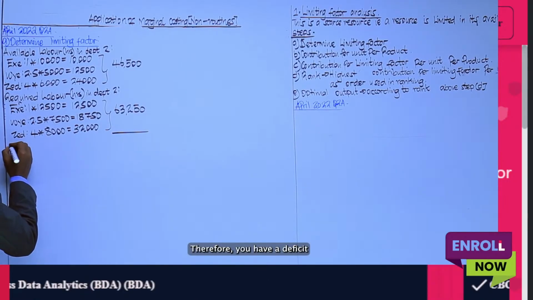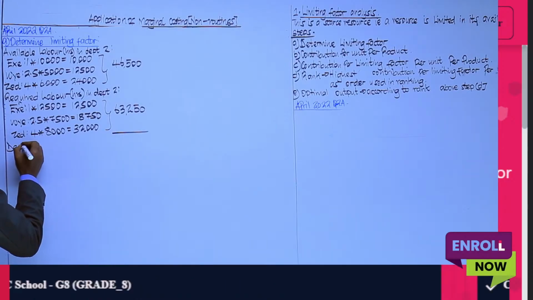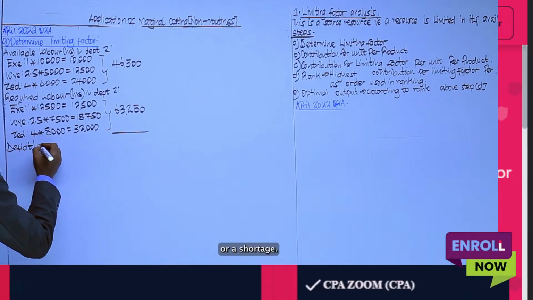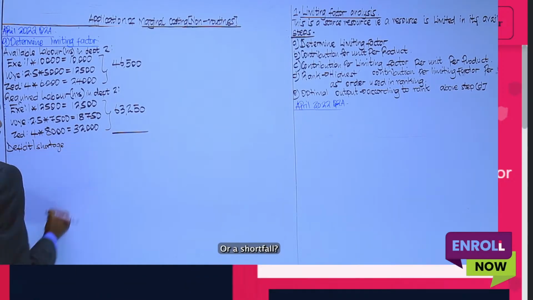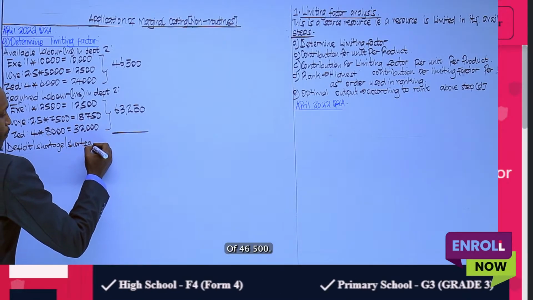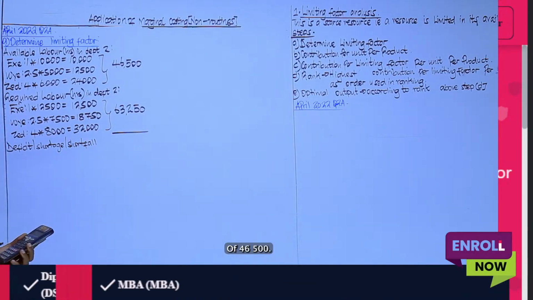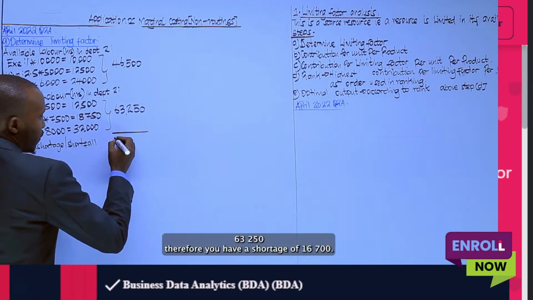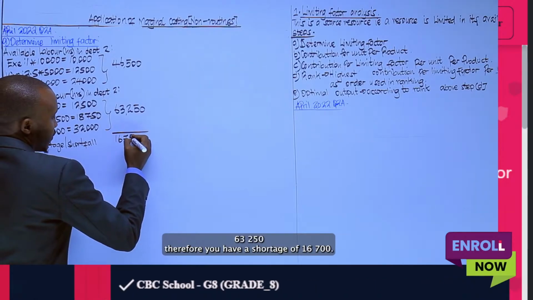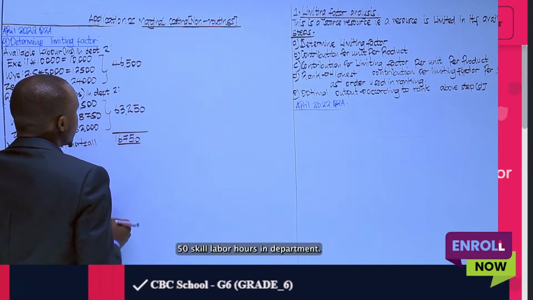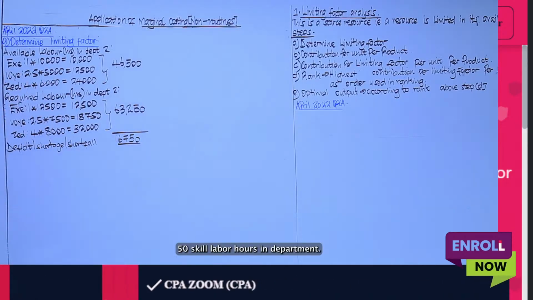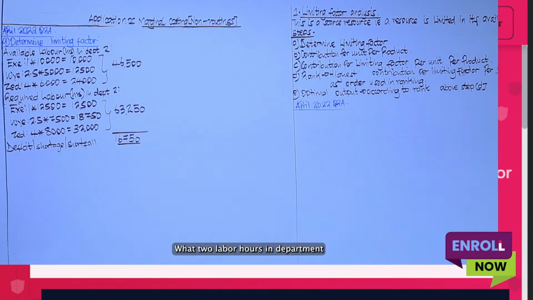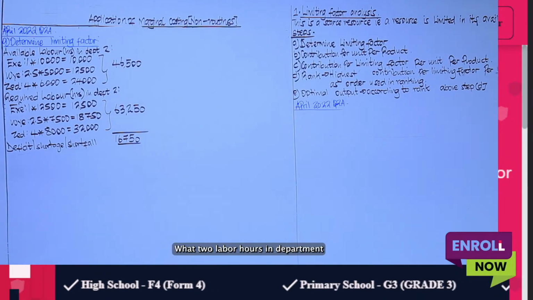Therefore, you have a deficit or a shortage or a shortfall of 46,500 from 63,250. Therefore, you have a shortage of 16,750 skilled labor hours in Department 2.